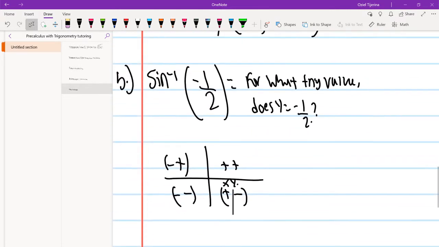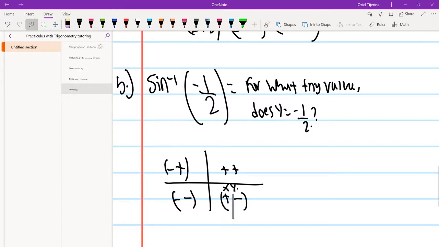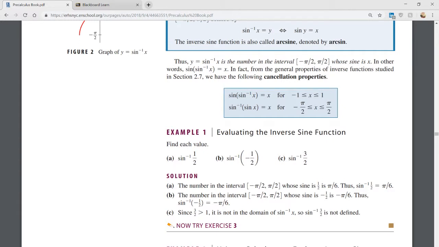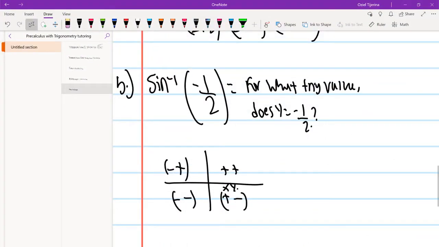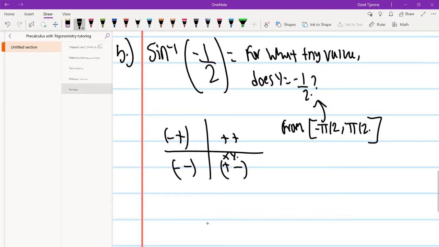For this one, if you look at the interval from negative pi over 2 to pi over 2, I would have to look at the way the sine graph looks, give me 1 second, guys.